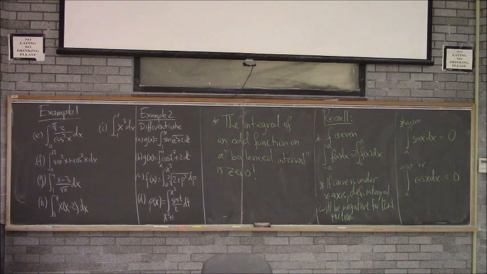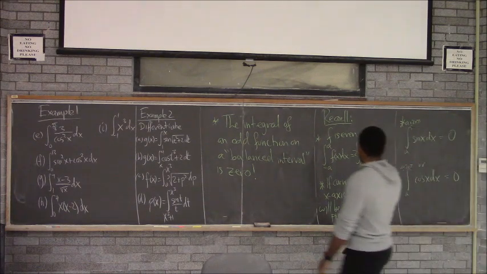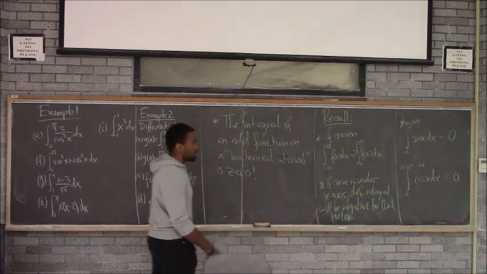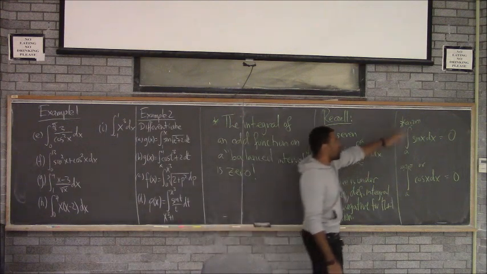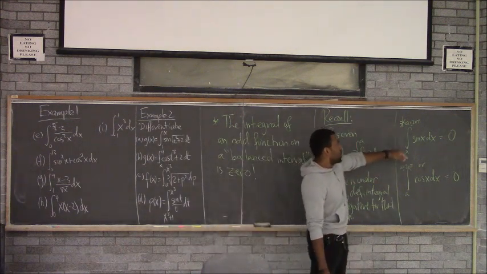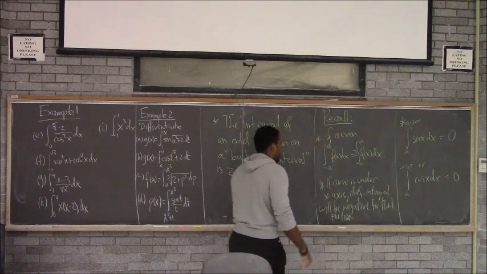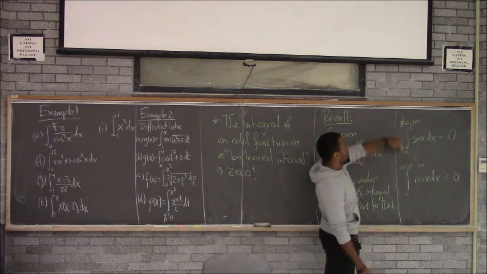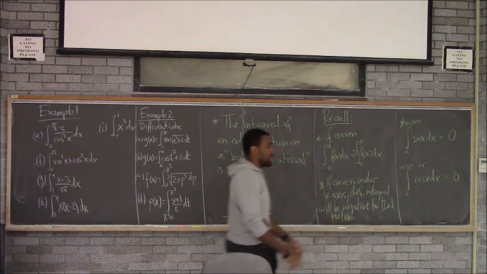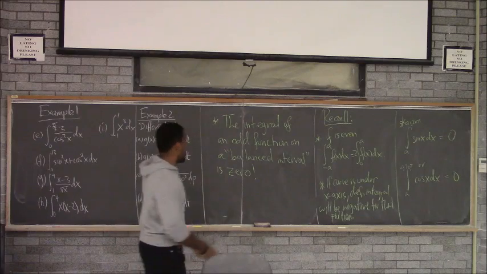So you integrate sine and cosine on an interval that is a multiple of their period, like 0 to 2 pi, or pi to 3 pi, or pi to 11 pi. All of those will give you 0.